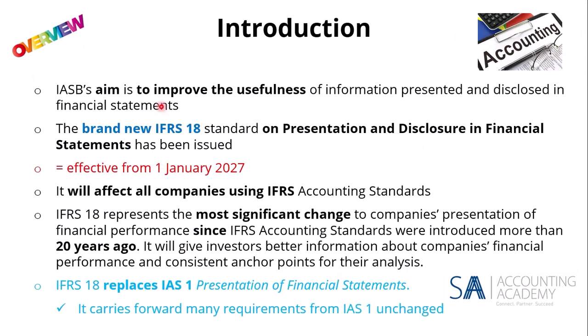So as part of an introduction, what was the IASB's aim with this? Well, they had this project called primary financial statements for years and years. It's been an agenda item on their work schedule. Their aim is to improve the usefulness of all the info that is presented and disclosed in the financial statements, because it's all about providing information to the users, isn't it?